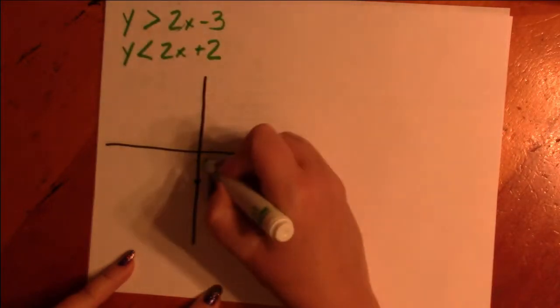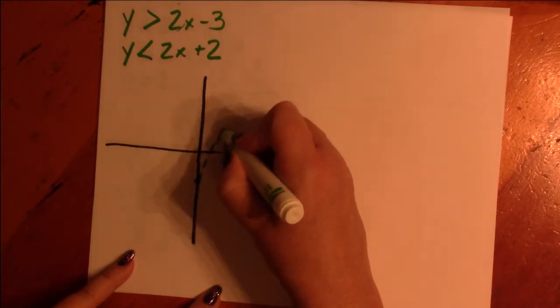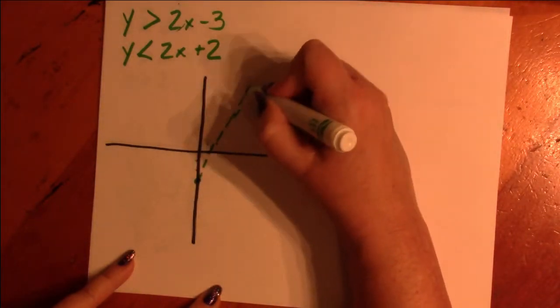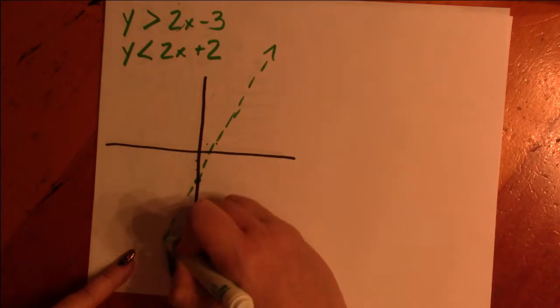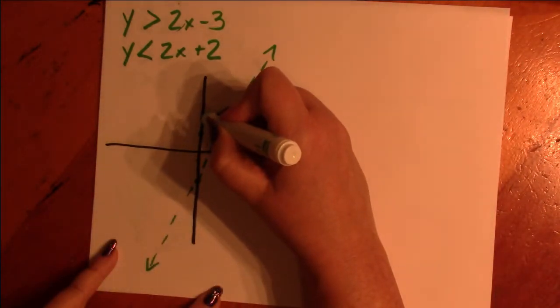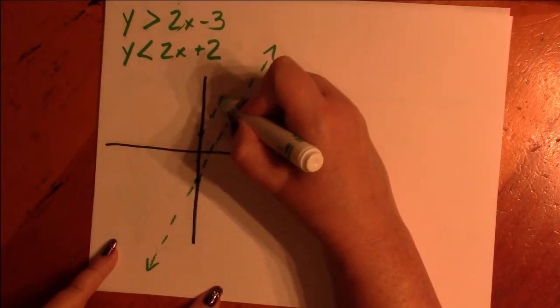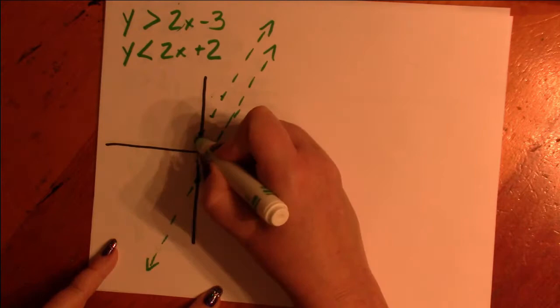We're going this slope, up 2 and over 1, and it's a dotted line. Oh my gosh. And here we start at +2, and we go up 2 and over 1, up 2 and over 1, and it's also a dotted line.